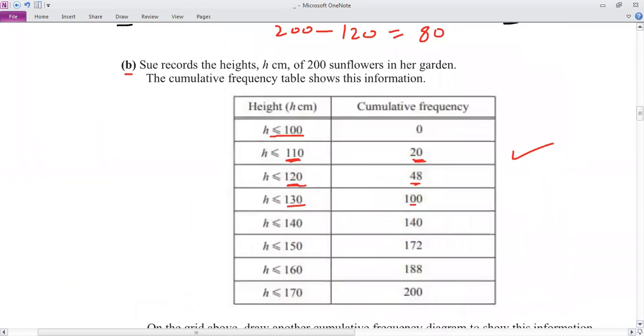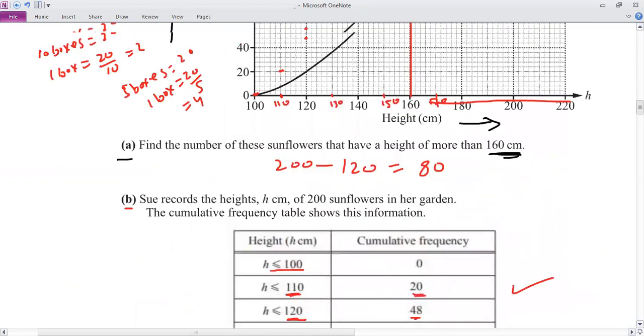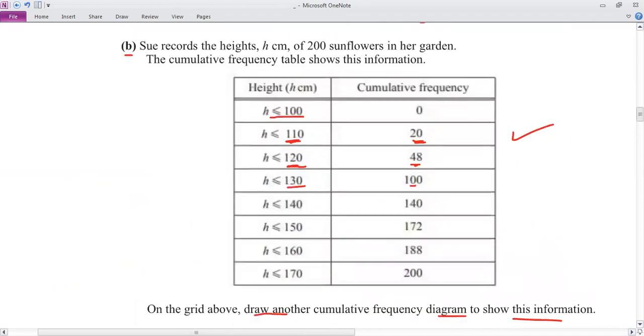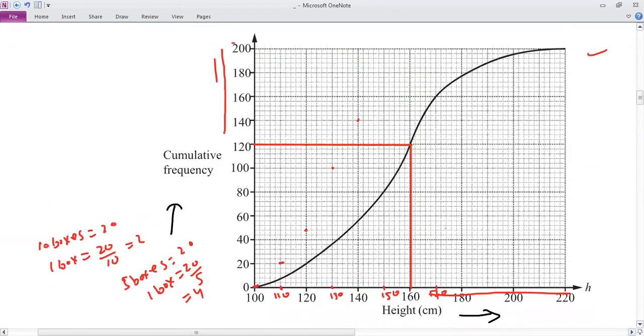Then for 140 it is 140. It is this one. For 150, 172. Look, this is 160, 64, 68, 72.